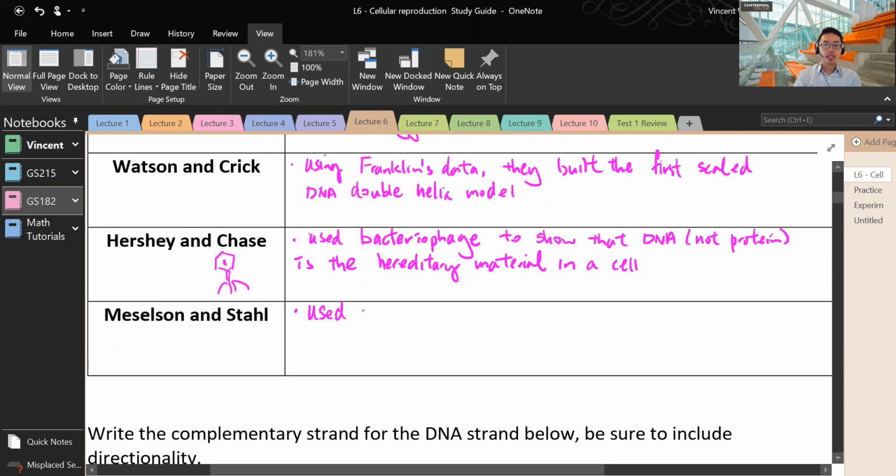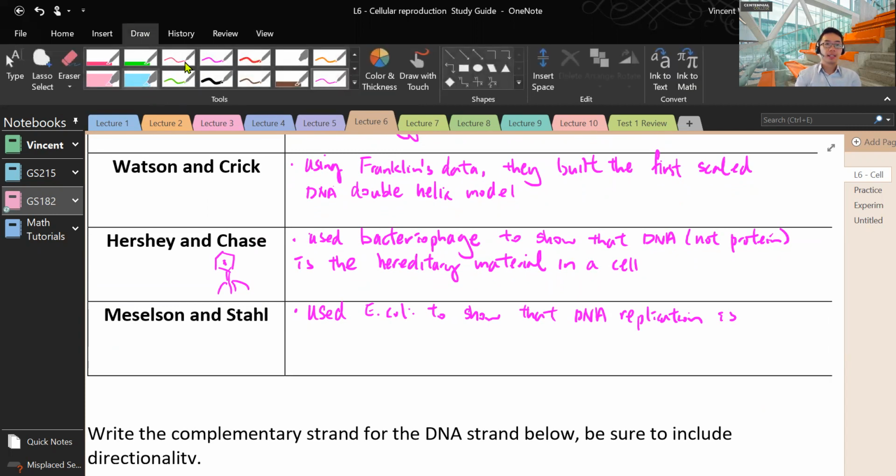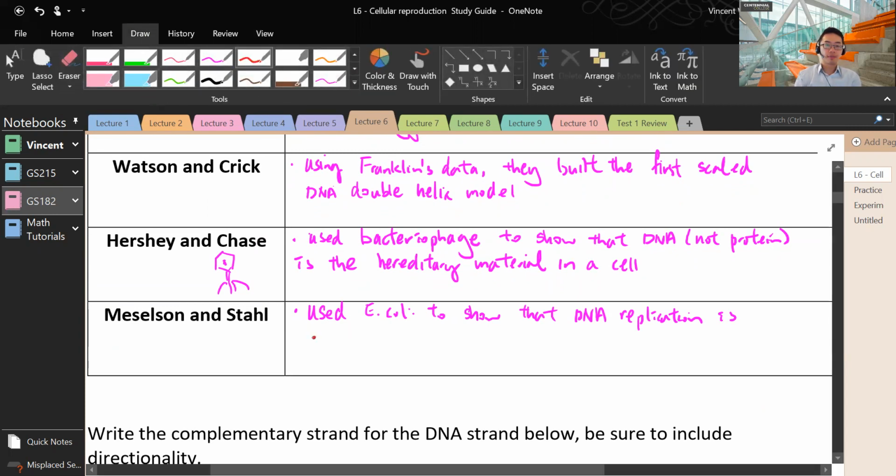Okay, so they used E. coli to show that DNA replication is semi-conservative.